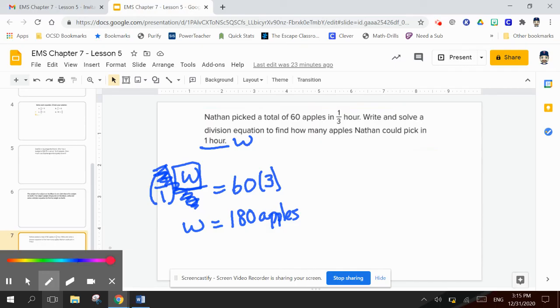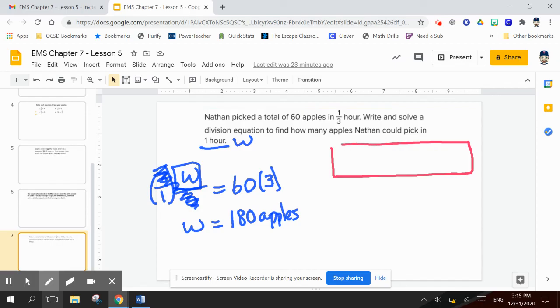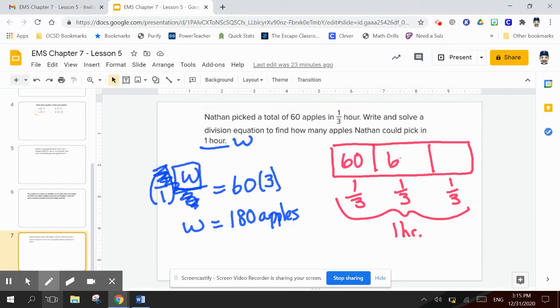You can also do this using a fractional model. This is 1/3. This is 1/3. This is 1/3 of an hour. So all together, it's 1 hour. And in each 1/3, you pick 60 apples.